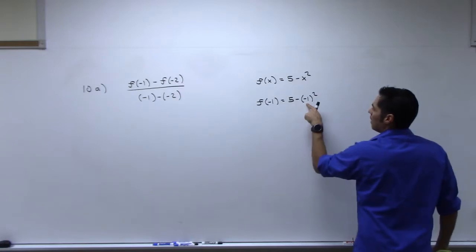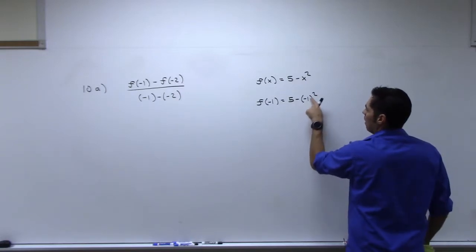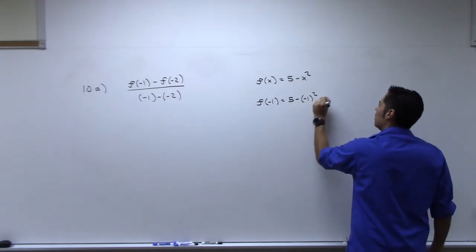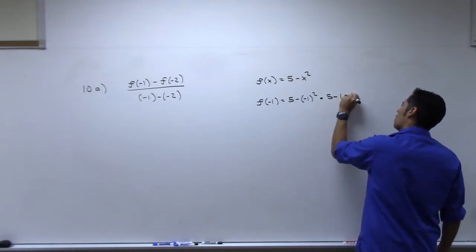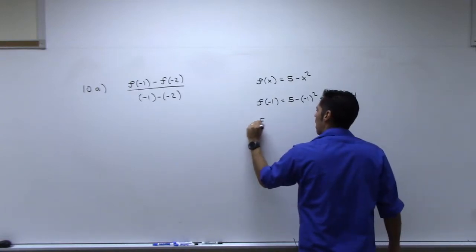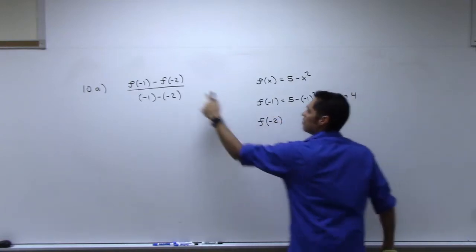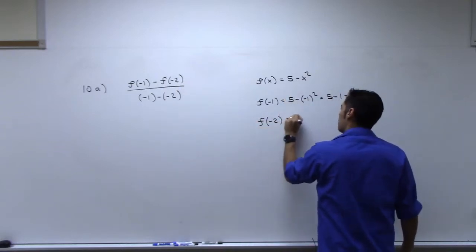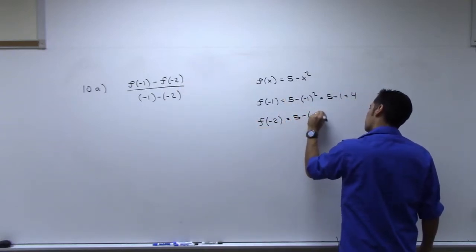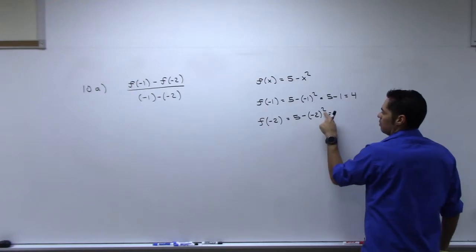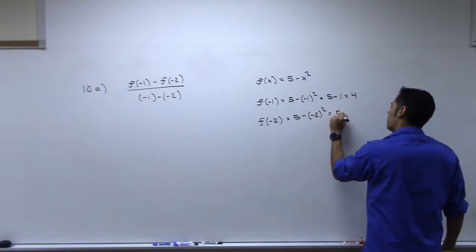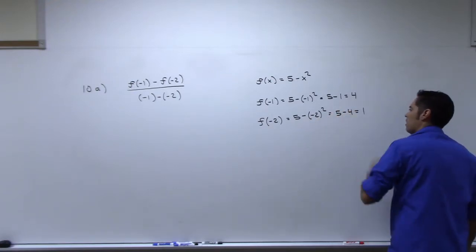So that's 5 minus negative 1 squared. When we square negative, we get positive. So this is positive 1, but then we're subtracting. That's 5 minus 1, that's 4. And then we do f of negative 2, that's this one. We get 5 minus negative 2 squared. And again, negative 2 squared is 4, but we're subtracting. So 5 minus 4, and that's 1.